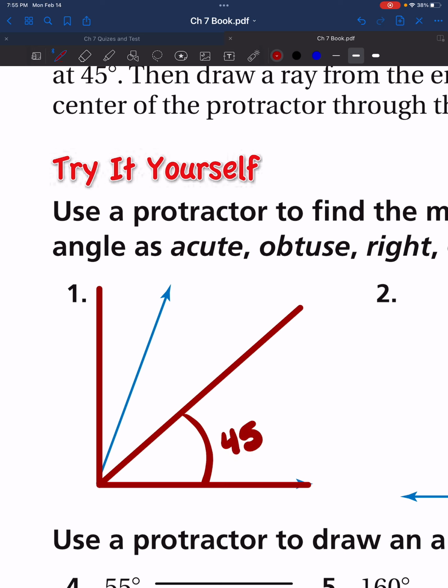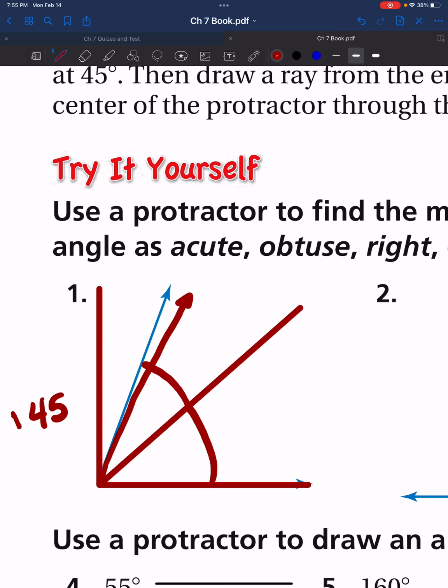So if that's 45 and this is 45, what could you guess the whole thing would be, up to the blue line? If that's 45, I would say this isn't even half of 45, because half of 45 would be about right there. So let's think. What's 45 divided by 2?